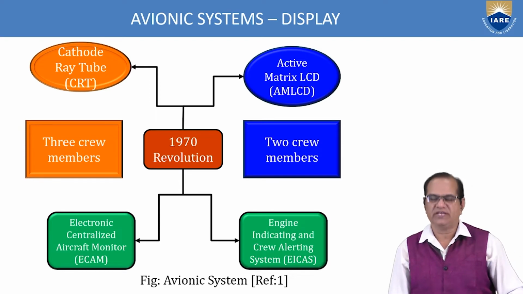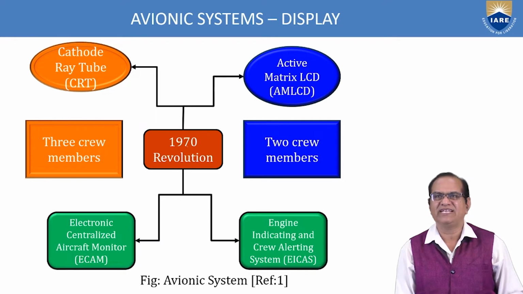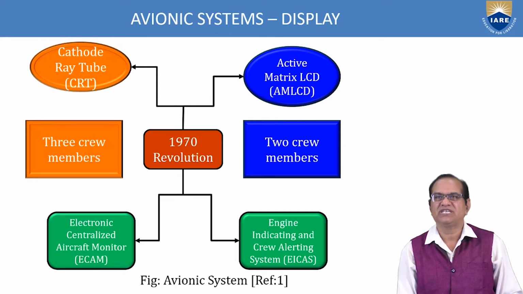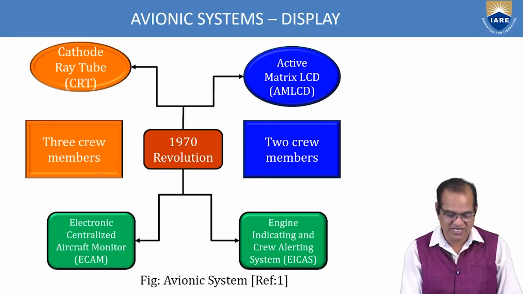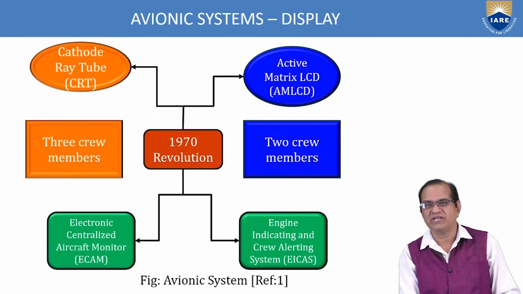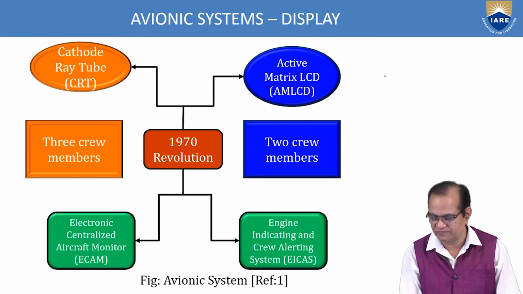So here, if you see, in the 1970s a lot of industrial revolution and technological revolution has taken place. If you see here the right side and the left side, here we have 3 crew members. Previously, before this, there used to be more crew members. Even I have seen 5 to 6 to 7 in Tu-142.